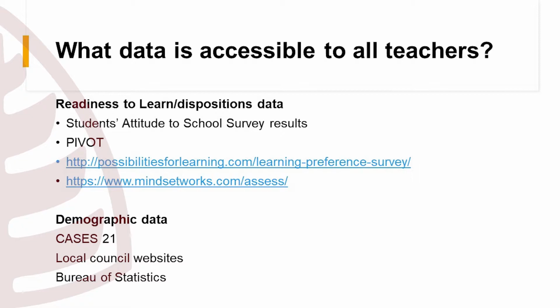The next set of data that you have available is demographic data. So when we talk about demographic data, Cases 21 gives you a little bit of a description, I guess, of the SFO. It tells you about the background of your students, maybe the language, their ethnic background, the economic background, and so forth.